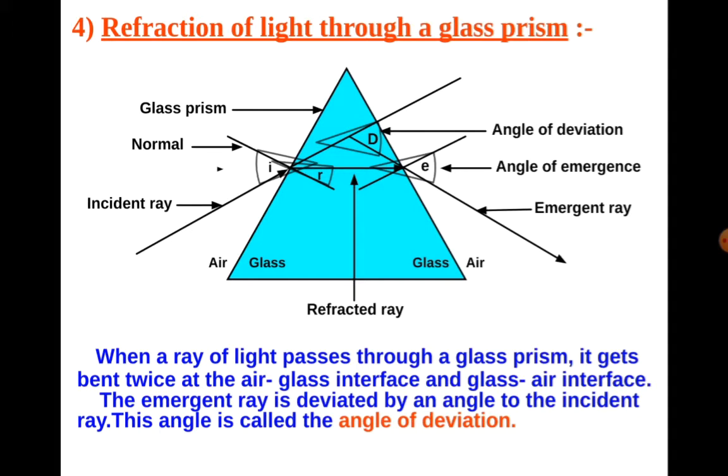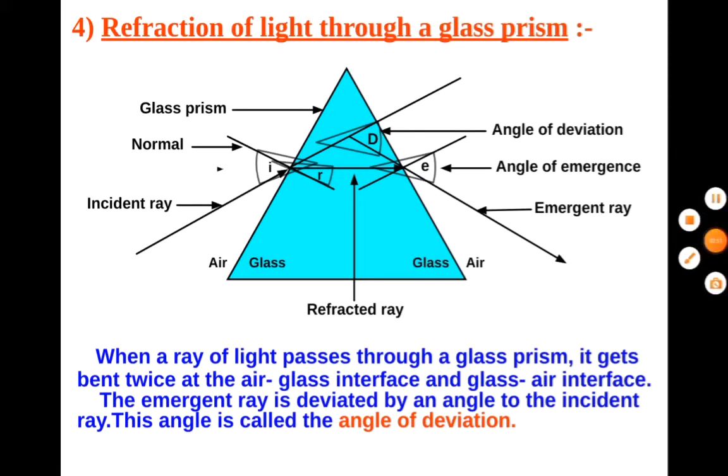But now let us see what happens when a light ray is refracted through a transparent medium that has two surfaces inclined to each other at an angle. You can see this prism here. This prism consists of two triangular bases and three rectangular lateral surfaces.